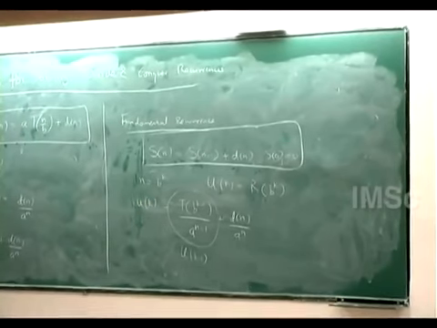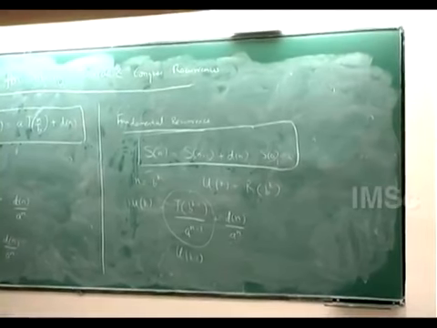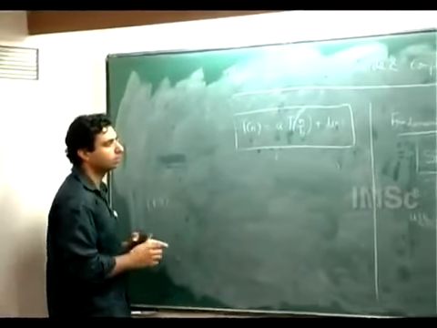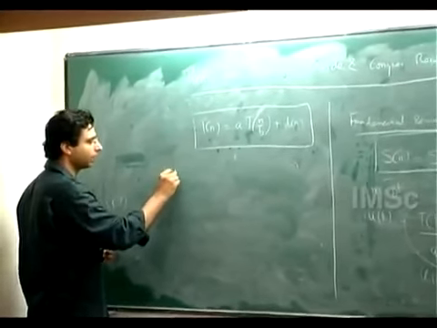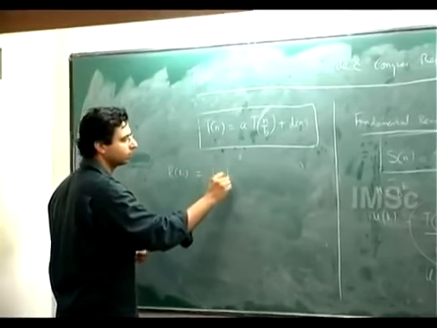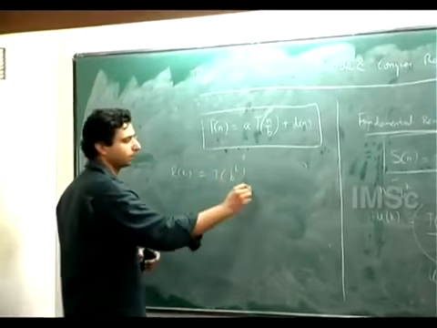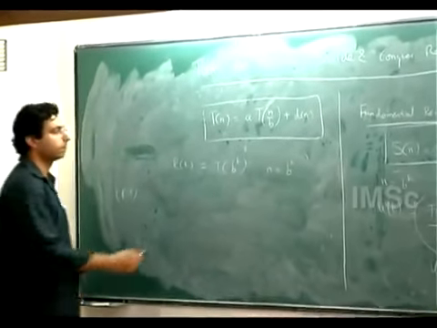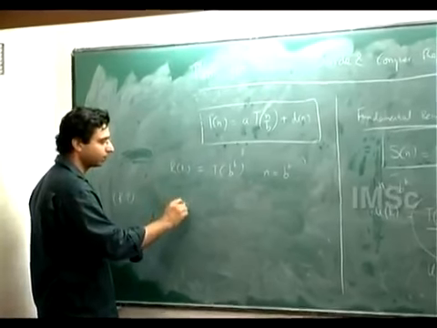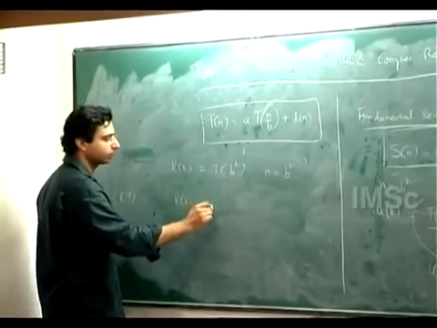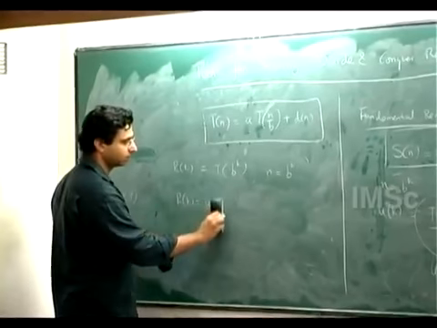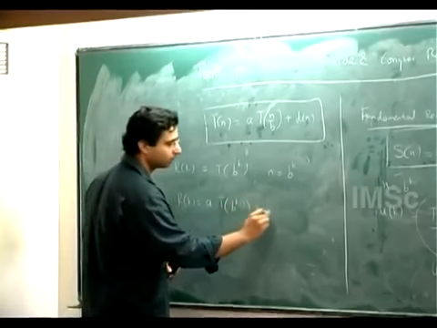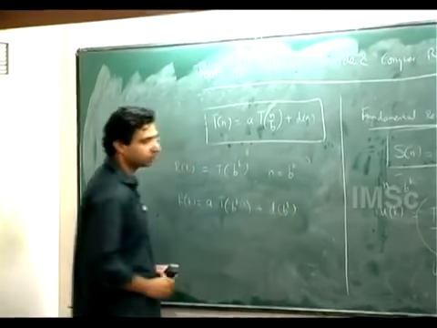Let's apply the domain transformation first. I am defining n as some power of b, so d of b raised to k, and we get a of T of b raised to k minus 1, plus d of b raised to k.